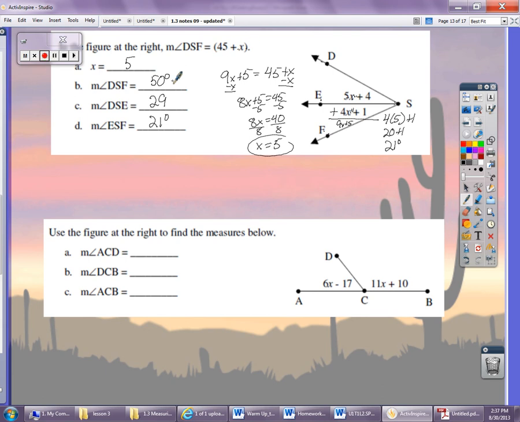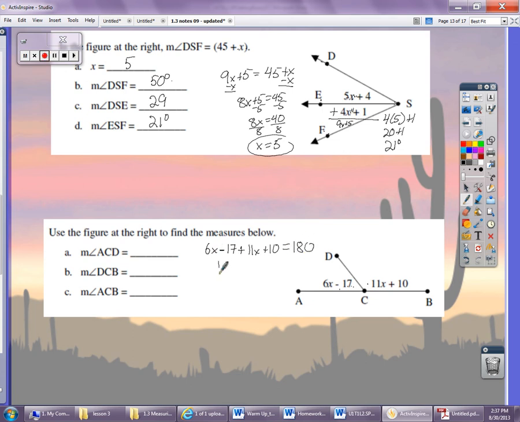And looking at this next one, it says using this figure at the right, find the measures below. Well, what we know about these is that these form our linear pair, and these are supplementary angles, so they add up to be 180 degrees. So we can say that 6x minus 17 plus 11x plus 10 is going to equal 180 degrees.